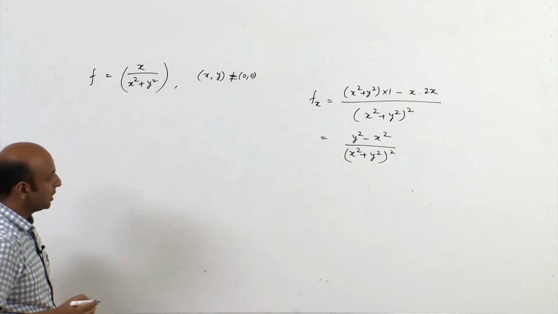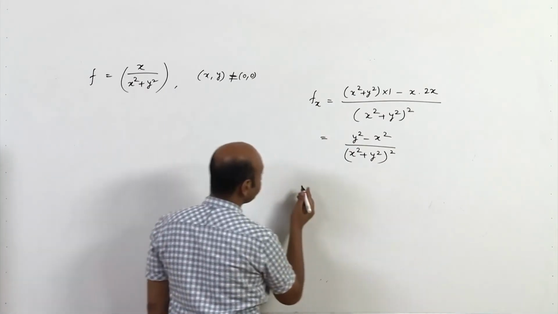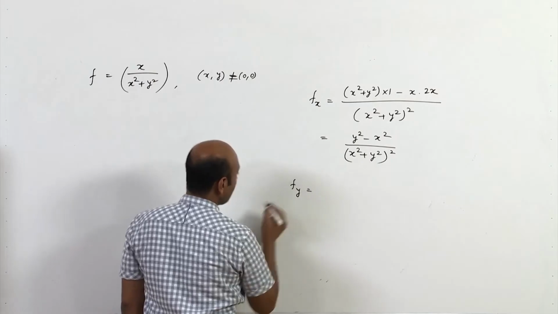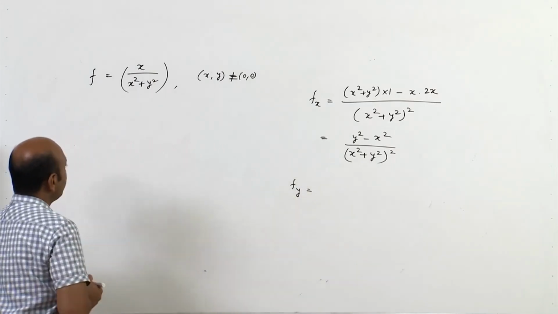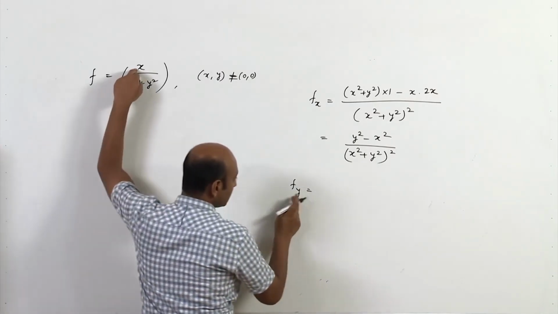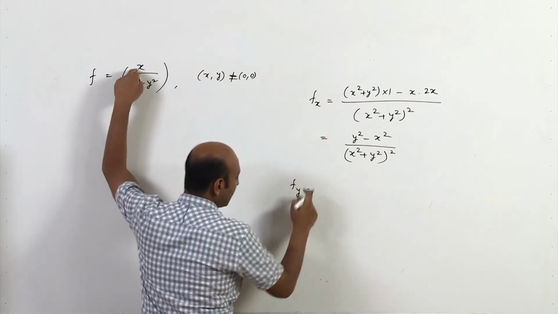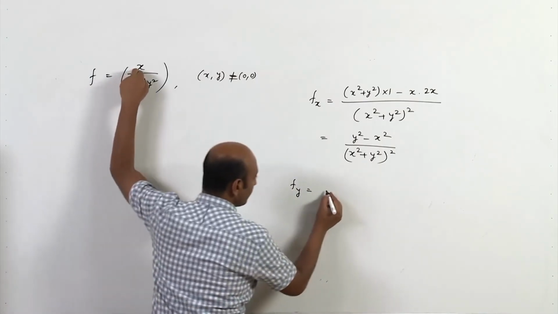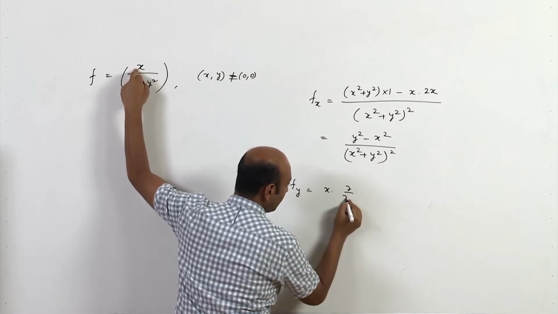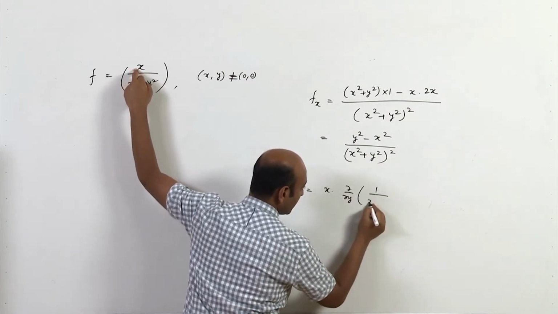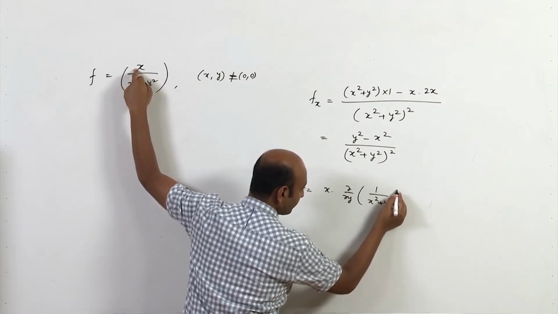Okay. Now, what is f y? Now, x is constant for this partial derivative of f with respect to y. So, we take x into del by del y of 1 upon (x square plus y square).